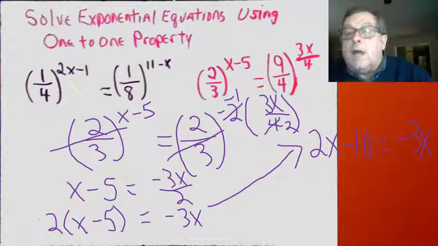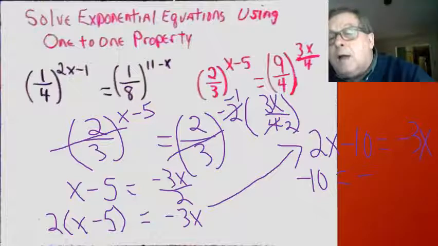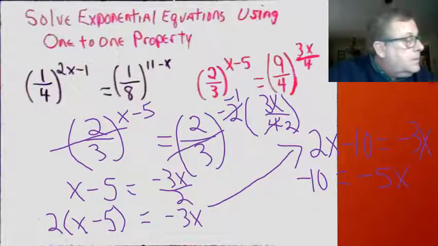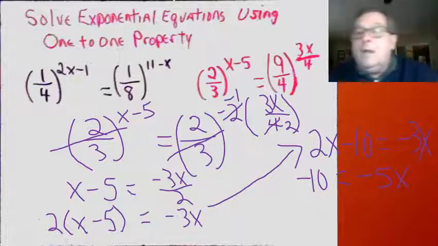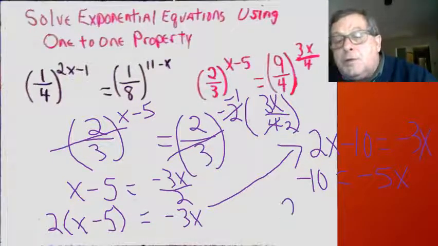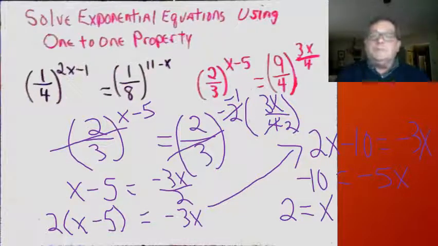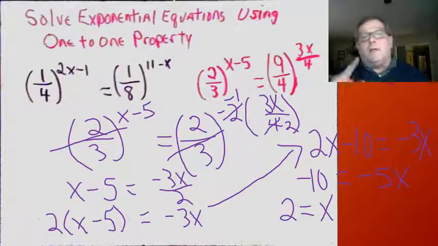Let's combine like terms. Subtract 2x from both sides, which gives me minus 5x. Then divide both sides by minus 5, and I end up with 2 equals x. How about that? Might want to look at that one again.